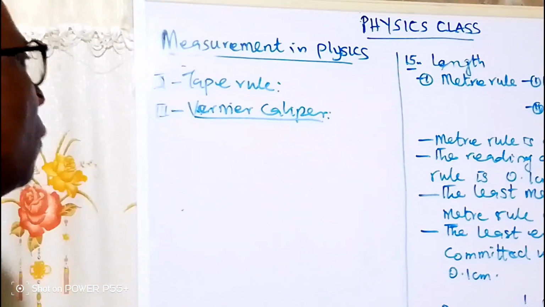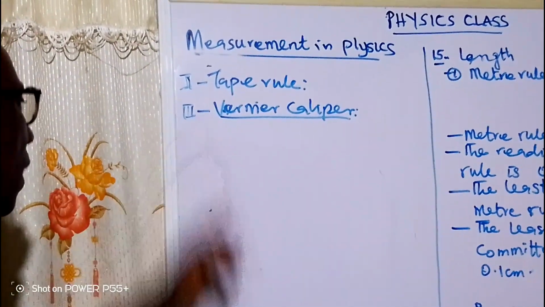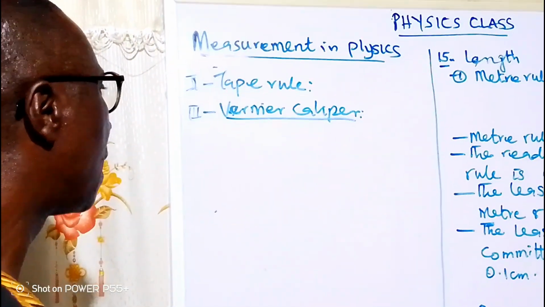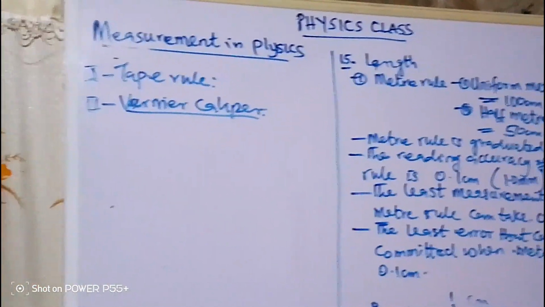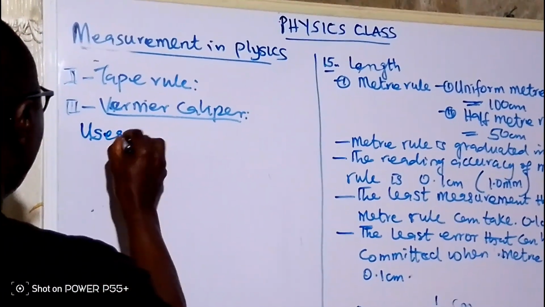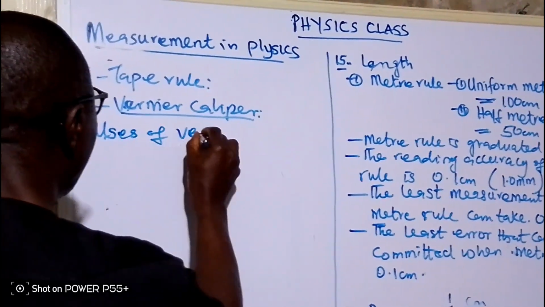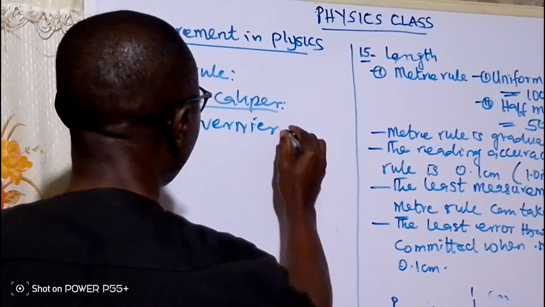We cannot use meter rule to measure that accurately, so we use vernier caliper. Also the internal and external diameter of a tube or any test tube. So let's list the uses of vernier caliper.